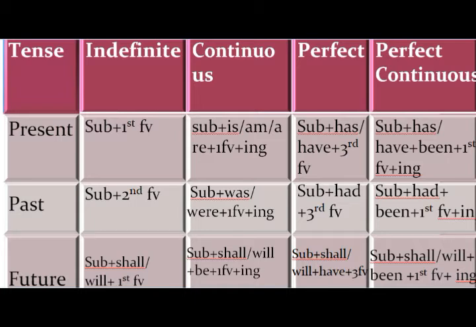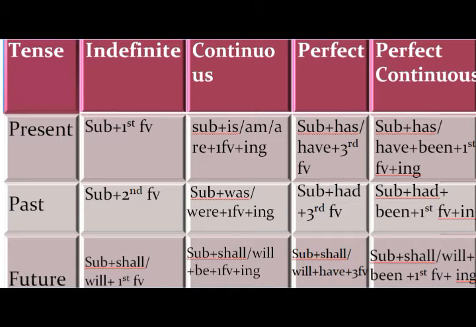Okay. Now come to perfect continuous. See, the name itself denotes its meaning. Perfect continuous is the combination of perfect tense and continuous tense. You are able to understand it with the help of formula. See, in present perfect continuous, its formula is subject plus has or have plus been plus first form of verb plus ing.